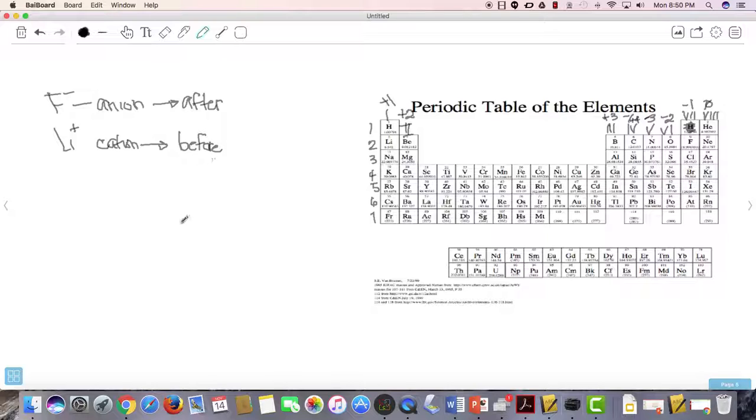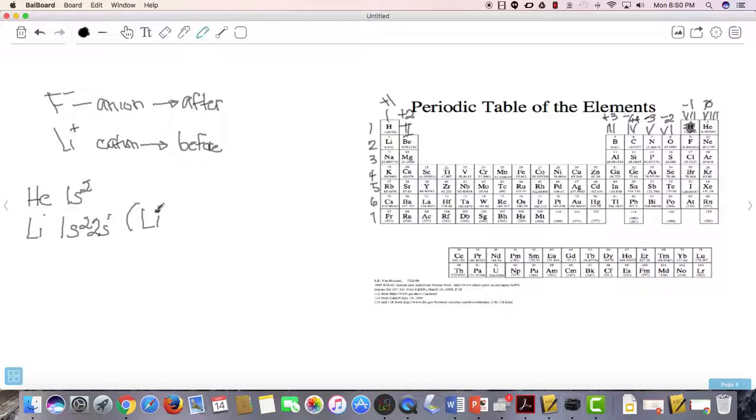All right. So when you write the electron configuration, let's write the electron configuration for helium. Helium has an electron configuration of 1s2. Lithium atom has an electron configuration of 1s2, 2s1. Now lithium forms a positive 1 ion.